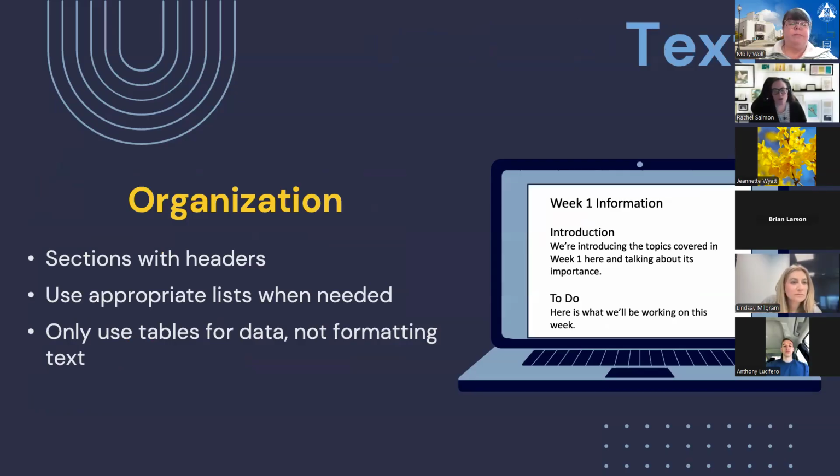So we're also going to talk about the way you organize your text. Text organization has a pretty big impact on accessibility and how students process information. Even for students that don't rely on a screen reader, seeing sections with headers and breaking it up can really help with being able to take natural pauses or read a chunk at a time.